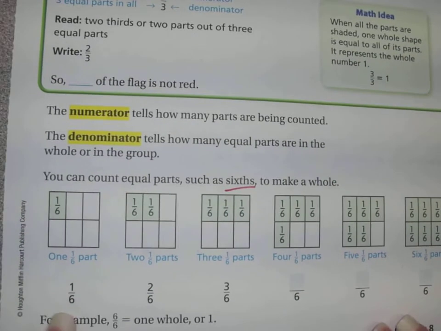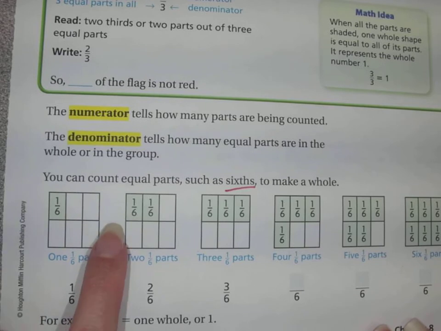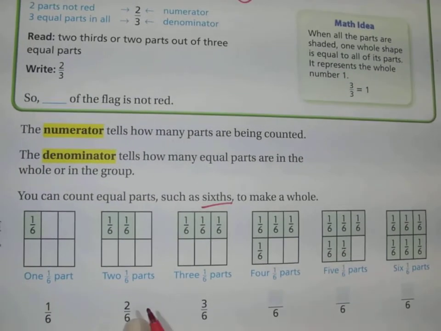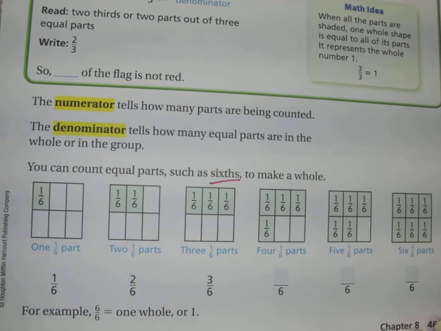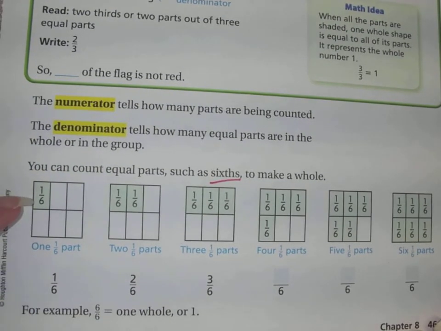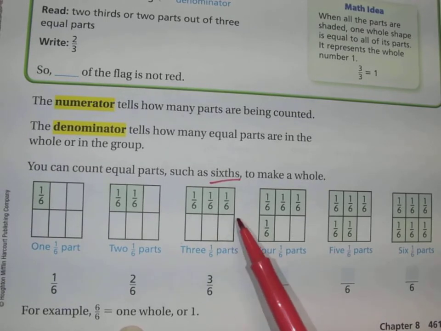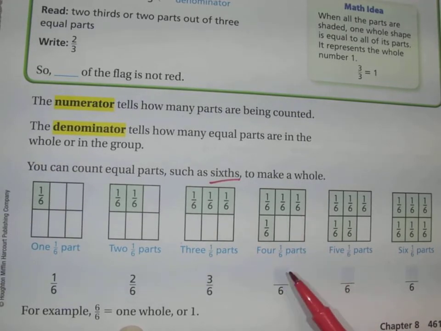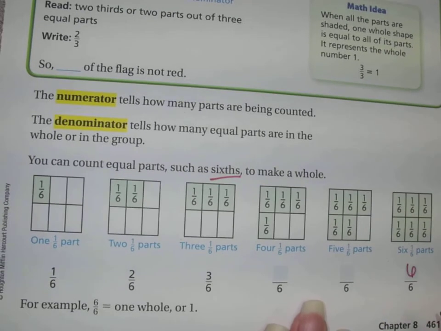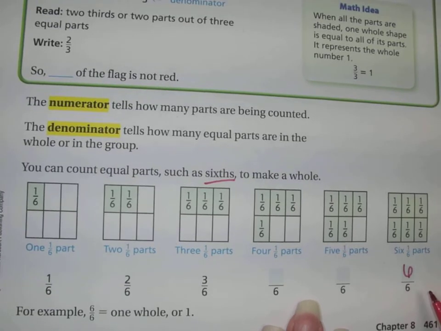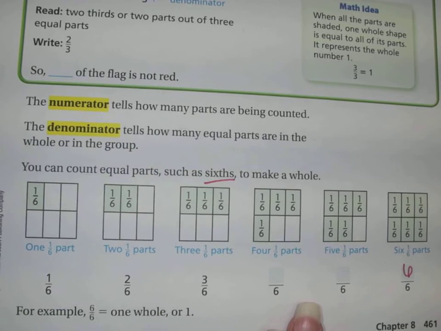Okay? So here you can see a whole is divided equally into 6 parts, all of these pictures, all of these wholes. They're just showing you that 1/6 is shaded here, 2/6 are shaded here, then 3/6, 4/6, 5/6, and then as you can see, the last whole, 6 equal parts are shaded out of the whole that is divided into 6 equal parts.